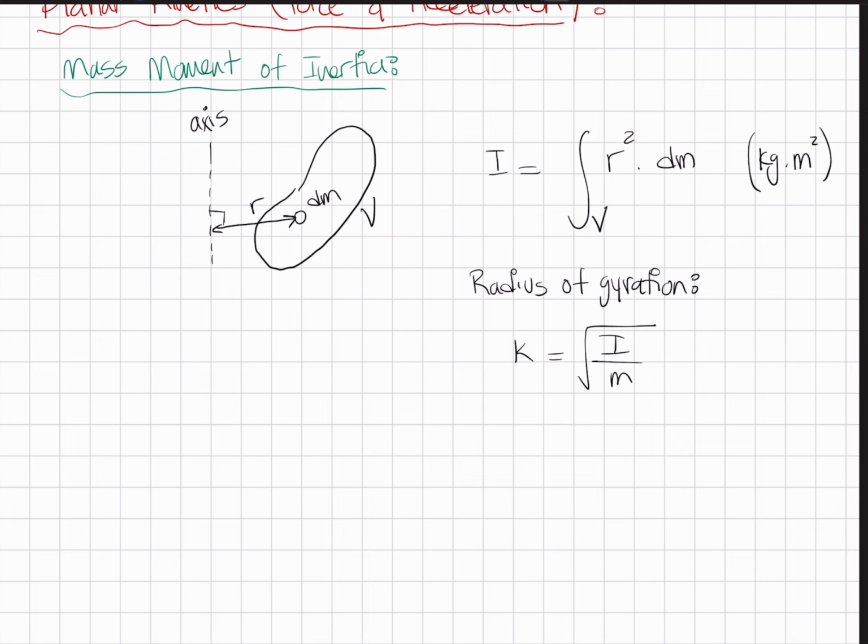And of course, it ends up having units of feet or meters or such. So this is another useful mathematical descriptor for mass moment of inertia. So if you have k and the mass, then you can figure out what the I value is. So here is one important concept.